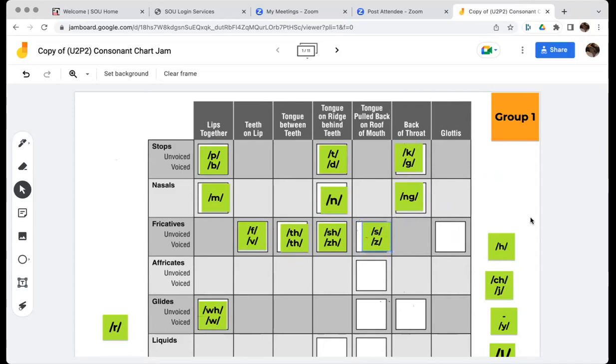Okay. How about who can say what part of their mouth the CH and the J might be? If you say them ch, j. Brooklyn, you want to do this one with me? I can try. Okie dokie. So, what part of your mouth is important when you say ch? Is it your lips or your tongue? Your lips. Okay, what are your lips doing?